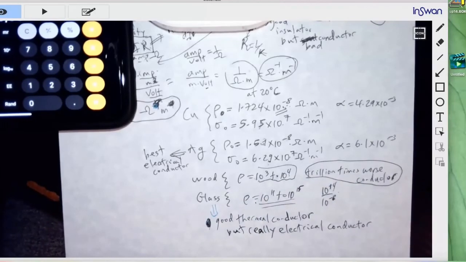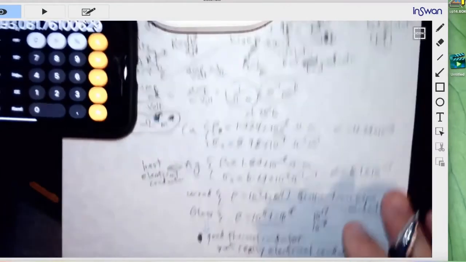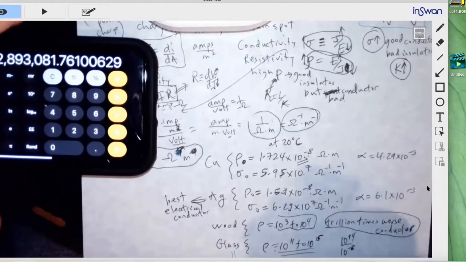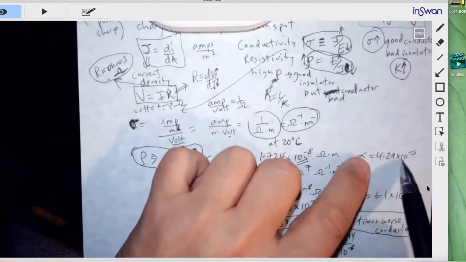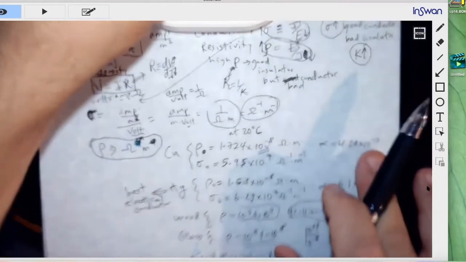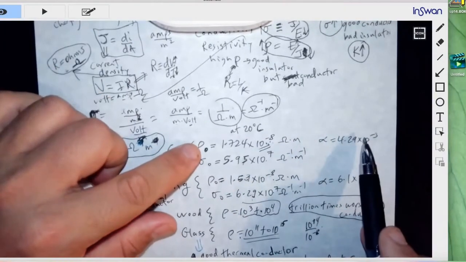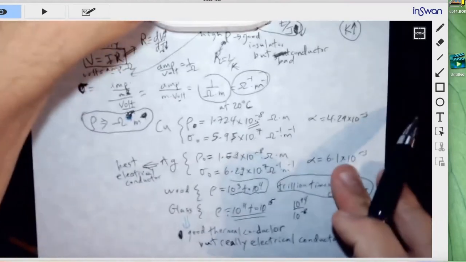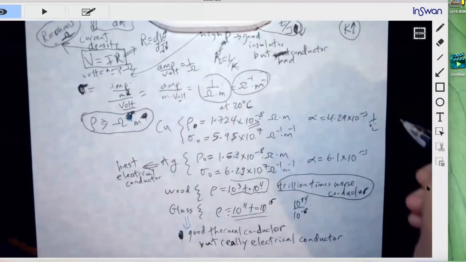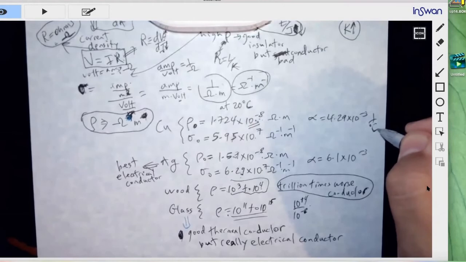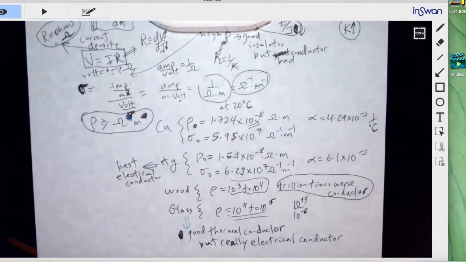Okay, now where does this concept of the alpha come in? The alpha tells you at what rate the resistivity increases as the temperature increases. The units are 1 over Celsius. It's the rate at which the resistivity goes up.